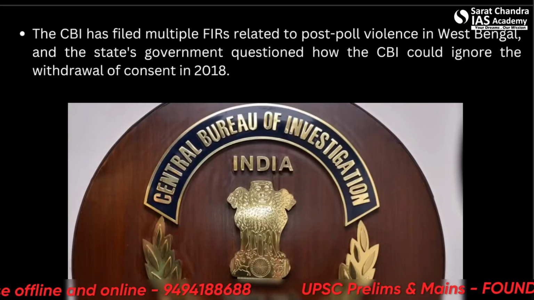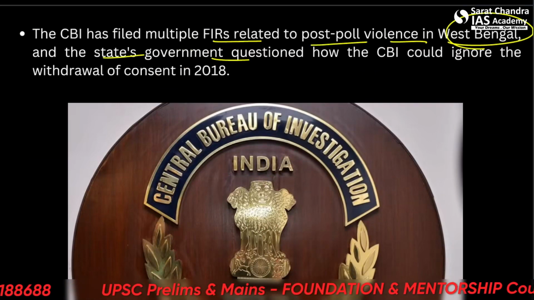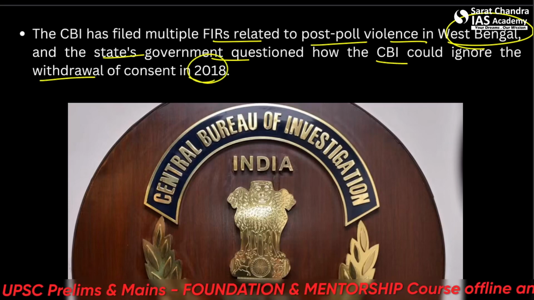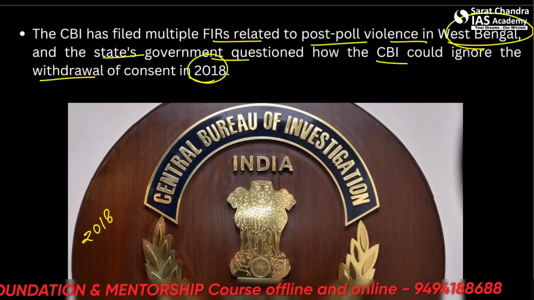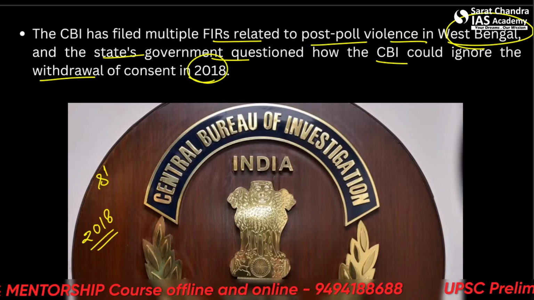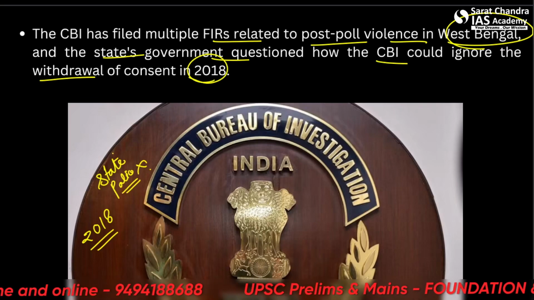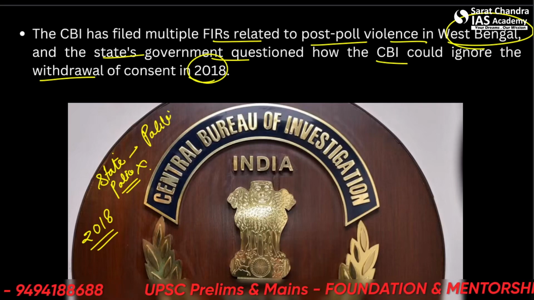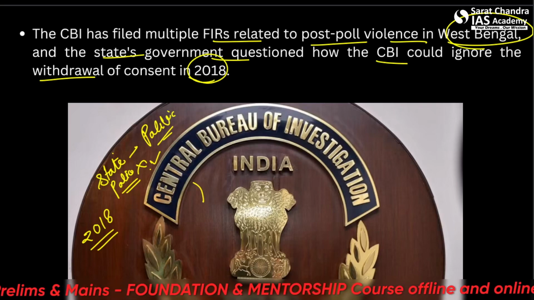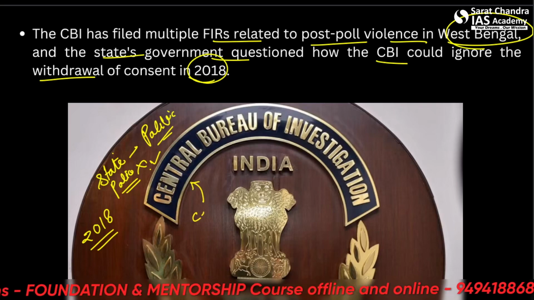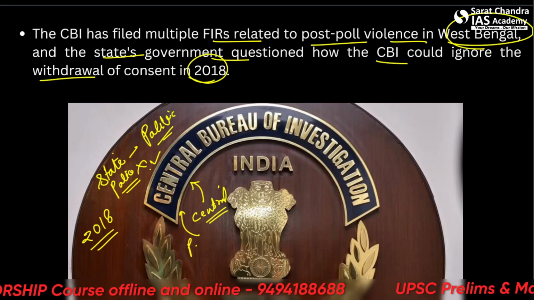CBI has filed multiple FIRs related to post-poll violence in West Bengal, and the state's government questioned how the CBI could ignore the withdrawal of consent in 2018. It's important for CBI to do such things if there is post-poll violence in the states and the state police is not functioning properly because of political reasons; then the CBI will take cognizance. Of course there is political influence on CBI from the central government, depending upon the political structure of India at that time.